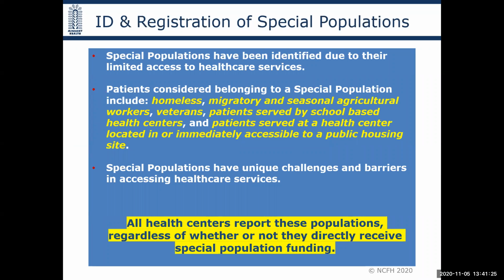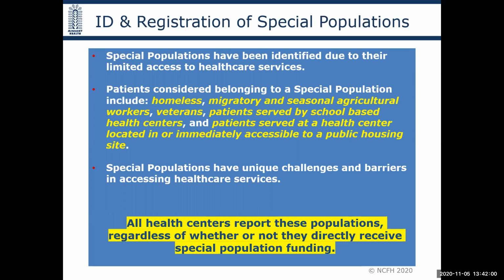So when we talk about ID and registration of special populations, there are several reasons why it's important to identify a patient as a member of a special population. The federal government has identified groups of community members that have limited access to healthcare services and have unique challenges in accessing those services. They include patients that are experiencing homelessness, the migratory and seasonal ag worker population, veterans, patients served by school-based health centers, and patients served at a health center located in or immediately accessible to a public housing site.